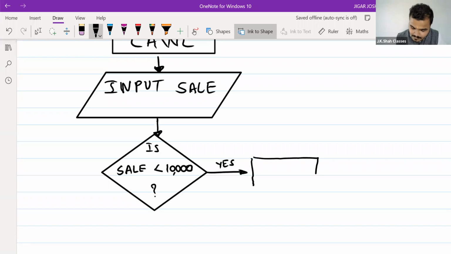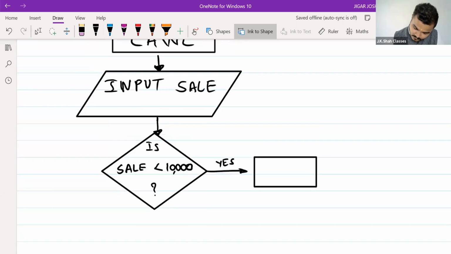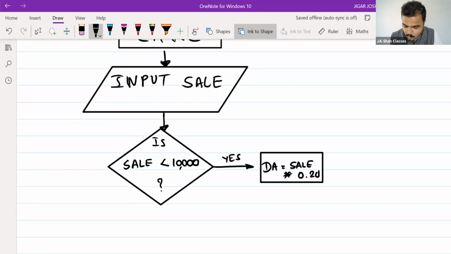Then, people, see this. You can write it in a very simple way. If you want, you can write the discount rate, or if you want to directly calculate the discount amount, you can do that also. So we'll calculate the discount amount only. Discount amount is equal to whatever your sale is multiplied by 0.20, that is 20% off.